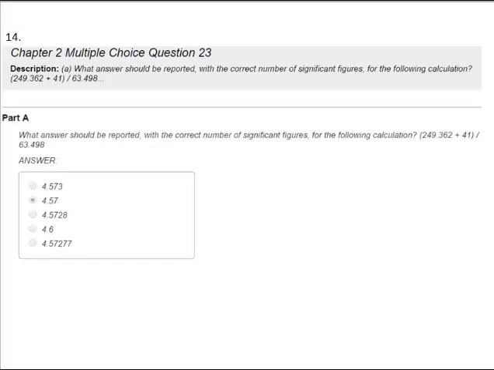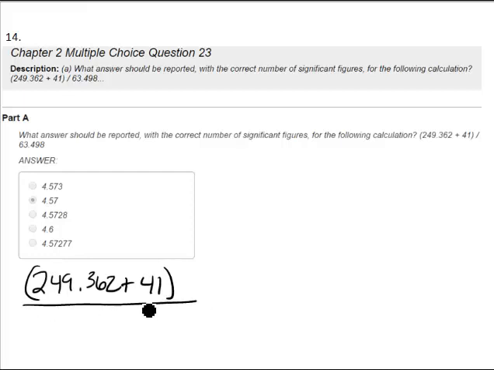Now in problem 14, it's just, do we know the rules of when we do arithmetic operations? And so what we're doing is taking 249.362, adding that to 41, parentheses around there, and then we're going to divide that whole thing by 63.498.